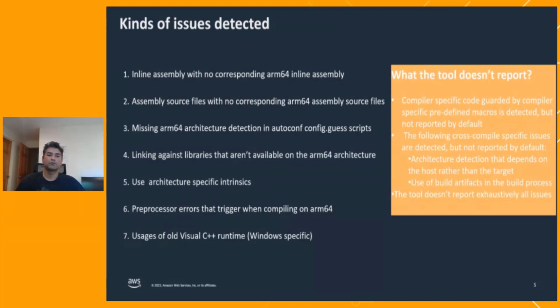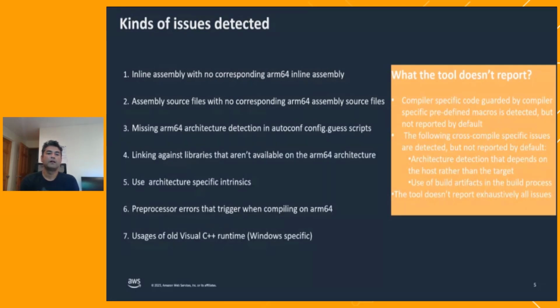I'm going to mention where the language is different from C, C++, but for most of the other points, it's going to be relevant to C, C++. So if you have inline assembly, maybe for performance reasons in your code, but obviously that's meant for x86, then it'll flag it, since you may need to have similar assembly code for ARM64.